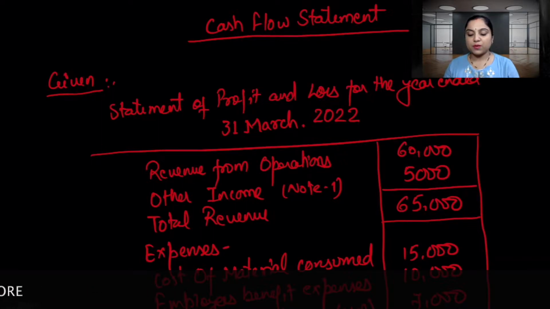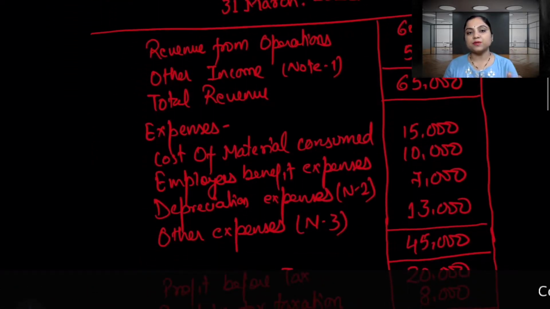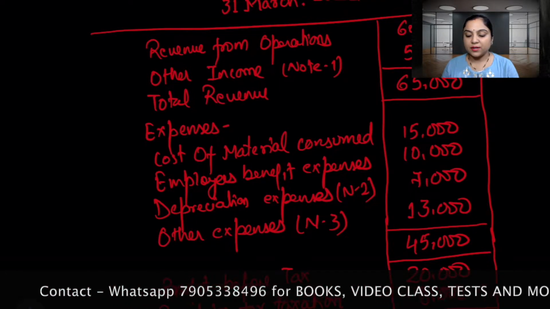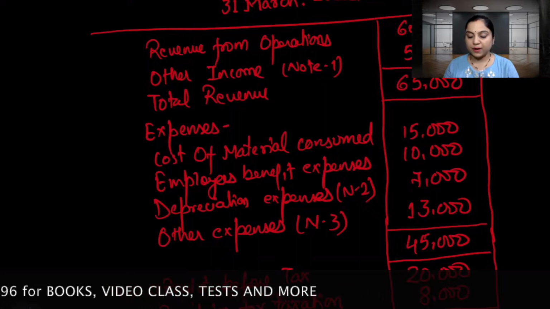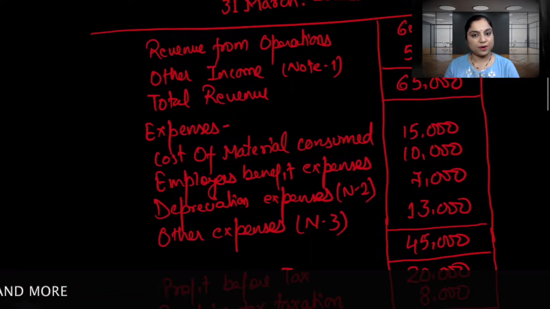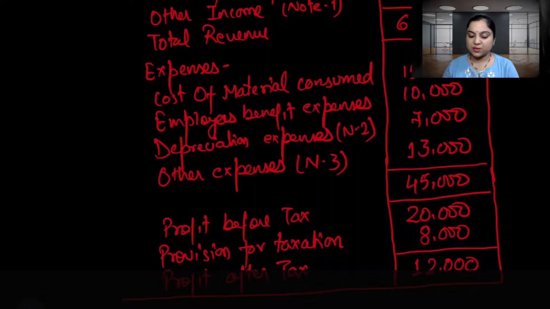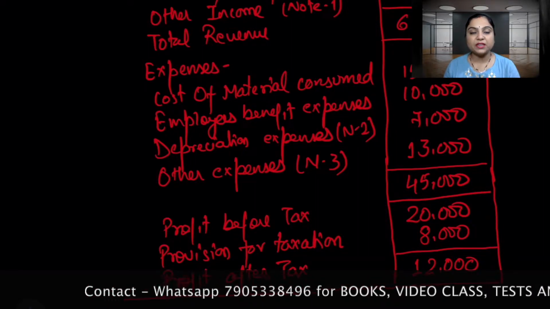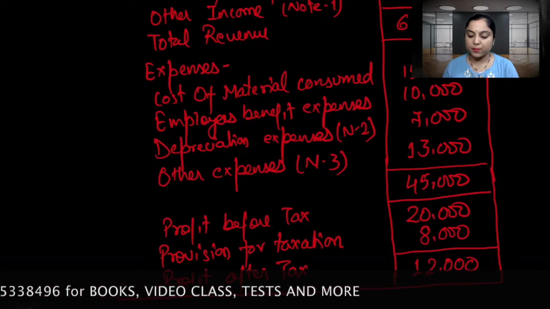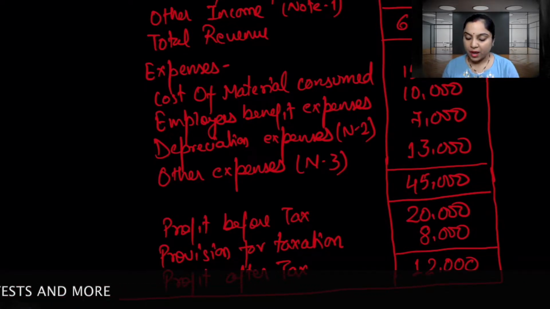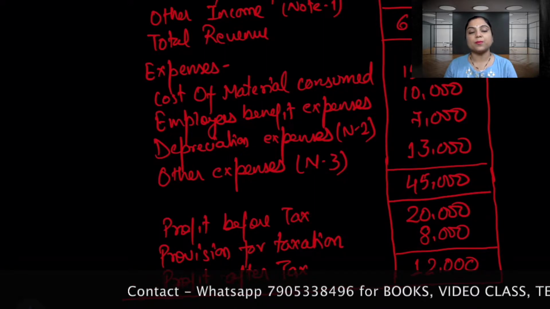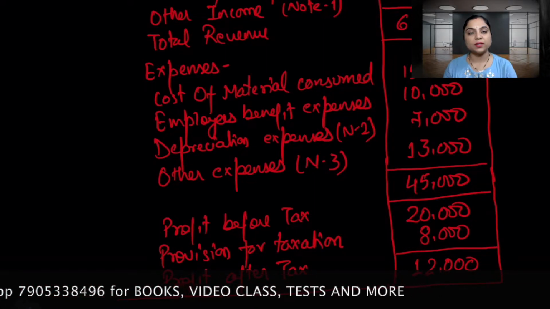So we have a statement of profit and loss account for 31st March 2022. We have revenue from operations 60,000 and other income, supported by note 1, of 5,000. We have a total revenue of 65,000. Then we have expenses: first, cost of material consumed, 15,000, then employee benefit expenses 10,000, then depreciation expenses supported by note 2, that is rupees 7,000, and other expenses supported by note 3, which is 13,000, and the total is 45,000.